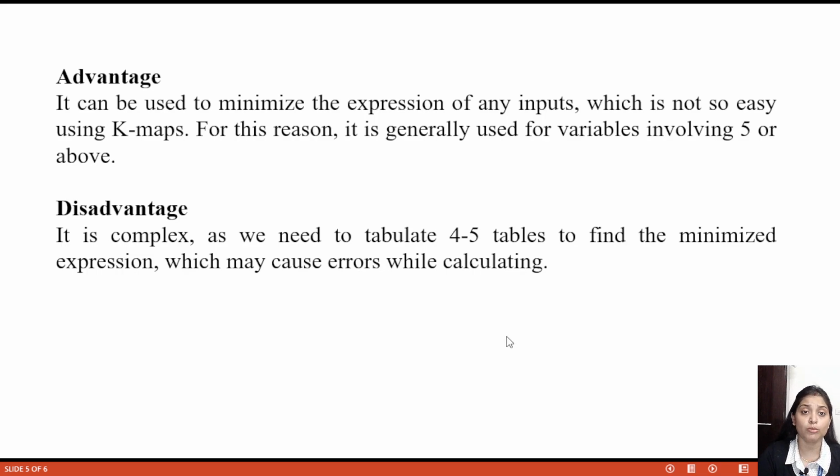There are almost 5 to 6 steps, so when we do this there may be some error. So we will try to avoid this type of technique. If it is possible to solve by using a K-map, then definitely you will use the K-map. Otherwise you will use this Quine McCluskey minimization technique.